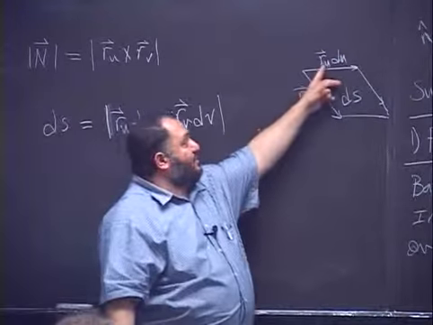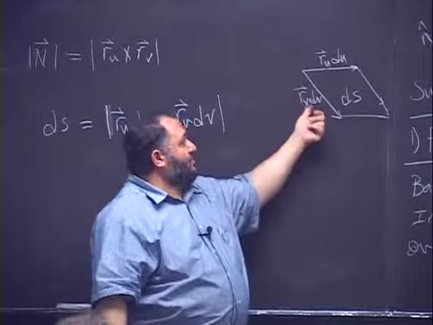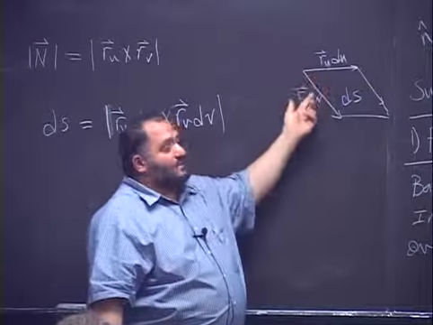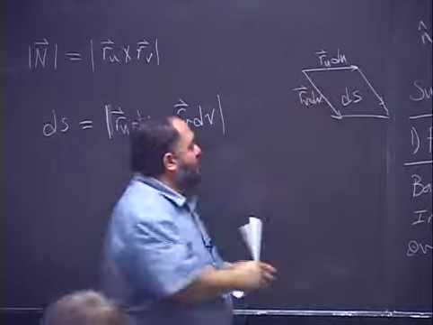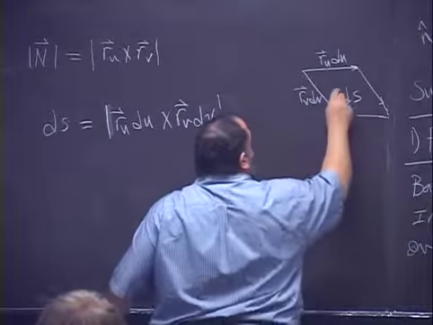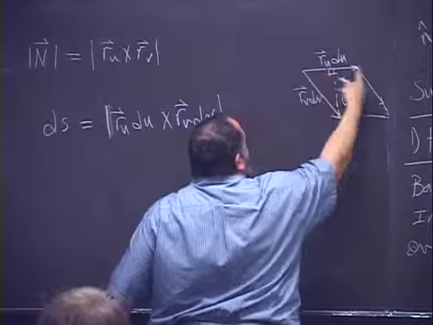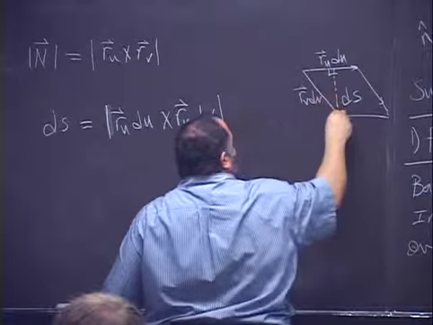This is the vector R u du, and this is the vector R v dv. Multiply this by it: so it is this length multiplied by the height. And what's the height?